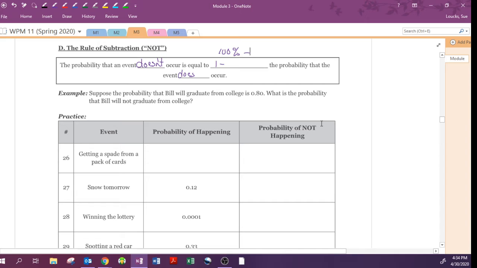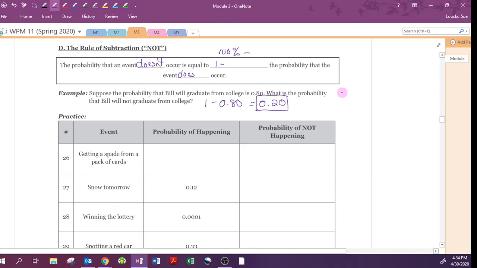Suppose the probability that Bill will graduate from college is 0.8. What is the probability that Bill will not graduate from college? So we would go 1 minus 0.80 equals 0.20. So there's a 0.2 probability that he will not graduate from college.